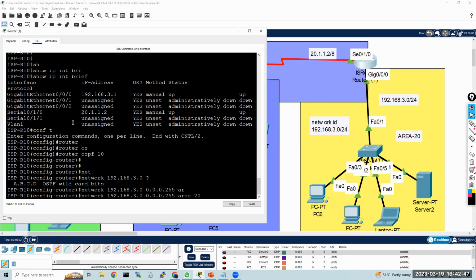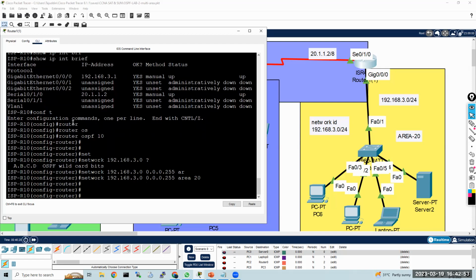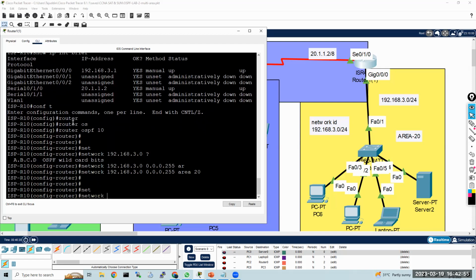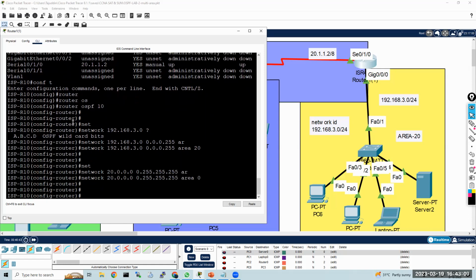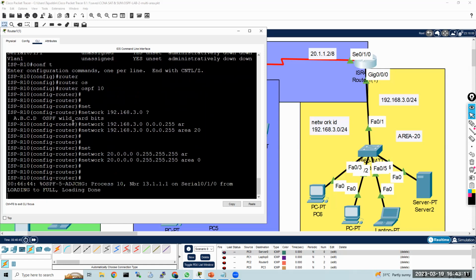This is area 20, right? Yes. The network, one more, 20.0.0.0, 0.255.255.255, and area 0. That's it.